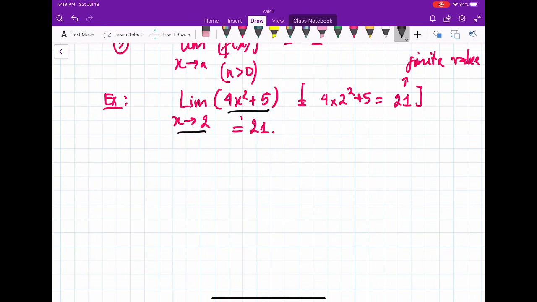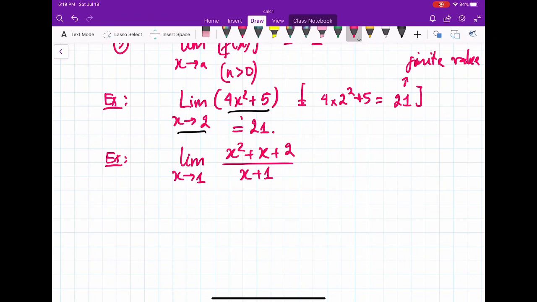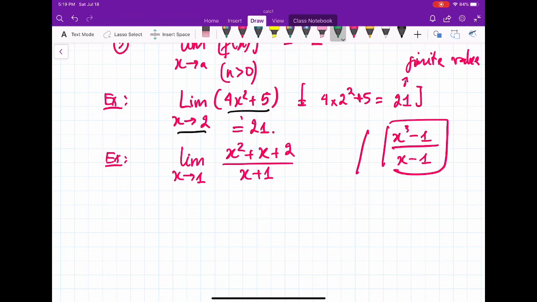All right? Let's consider another example. The limit of x squared plus x plus 2 over x plus 1 when x approaches 1. Look at this. We have a fraction, right? But this fraction is different from the one we considered. For that function, when you plug x equal to 1 into it, you got 0 over 0. So that's why we needed to do more, right? We needed to factor the top and the bottom. But for this function, let's plug 1 into the function.